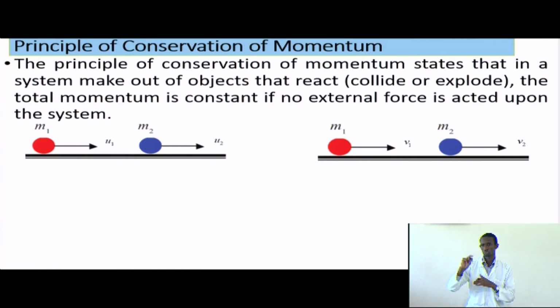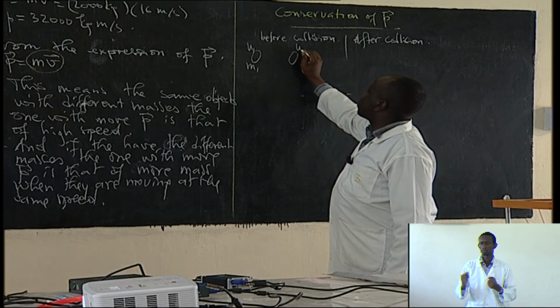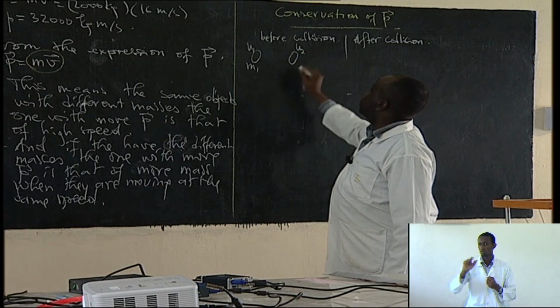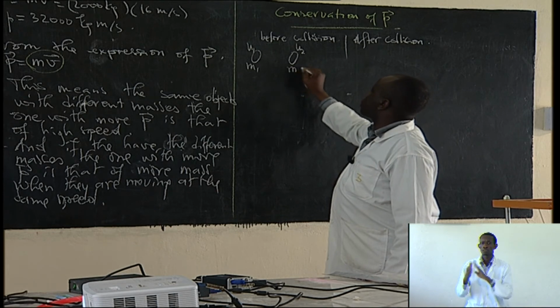Now, students, as what we are saying here, this is U1, and this is having a mass M1, with the initial velocity. This is the initial velocity U2. Then here we have mass M2.